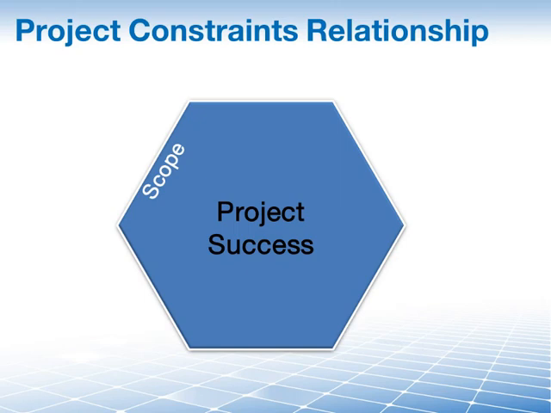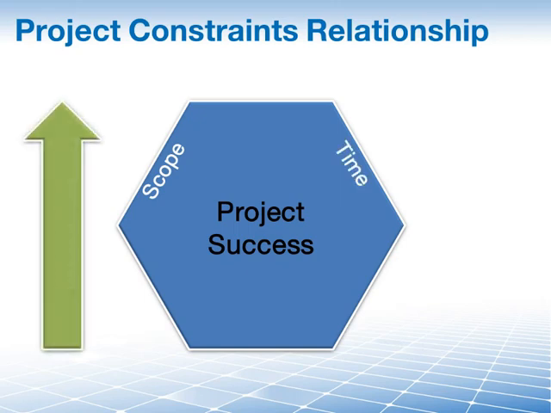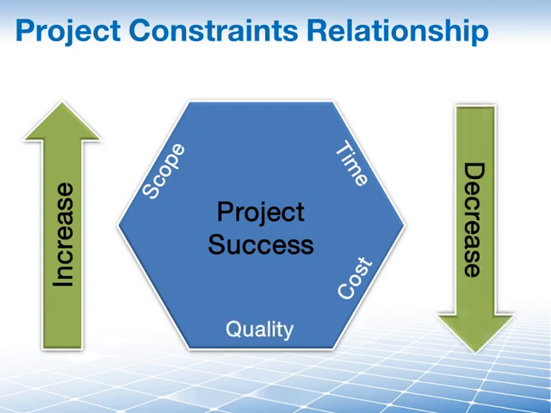So instead of the traditional thought process of using a triangle to envision the 3 major competing project constraints, in the past they used to be called triple constraints, let's use a hexagon to envision these constraints.